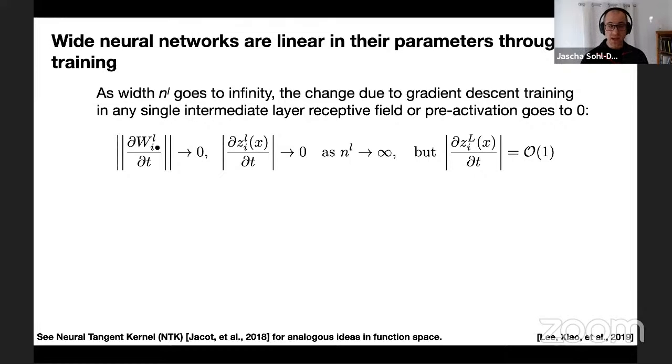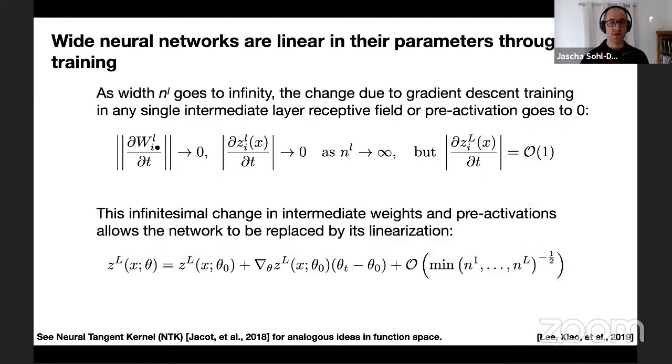However, because each of the units and receptive fields in the middle of the network change only infinitesimally, they can all be replaced by their first order Taylor approximation. So in the limit of infinite width, it turns out that throughout training, a neural network can be replaced by its linearization.